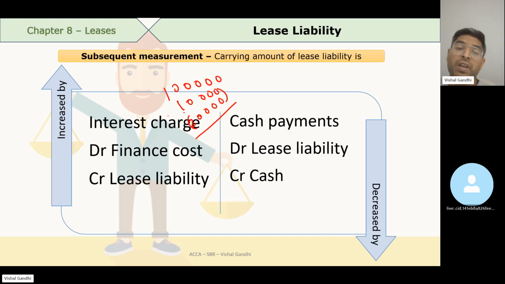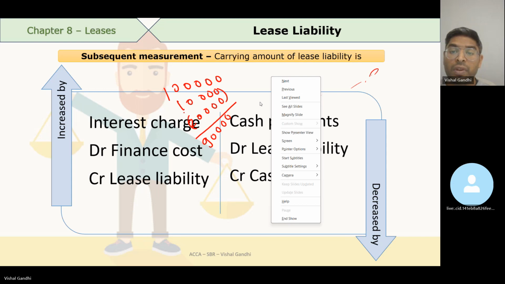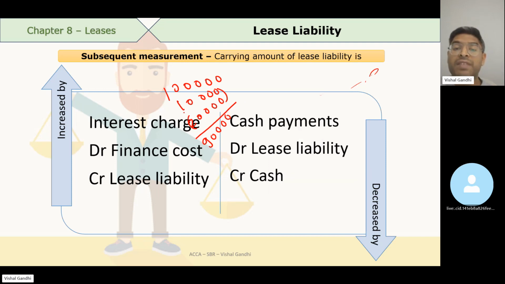So what will happen? 1 lakh plus 10 minus 20. So whatever the value is, 90,000, that will be the subsequent carrying amount of that lease liability. So this is how it would work basically, the carrying amount of lease liability.